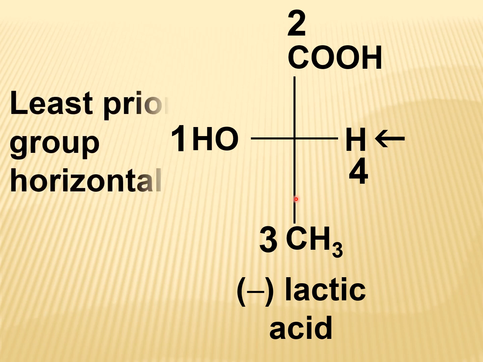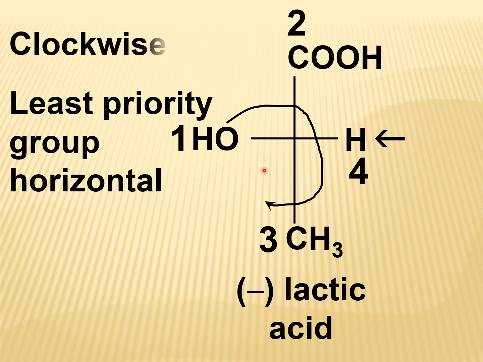So that movement is clockwise. Okay, this movement is clockwise. Least priority group is horizontal. This movement is clockwise. So horizontal clockwise means it is S. The notation is S. So this compound is S lactic acid.